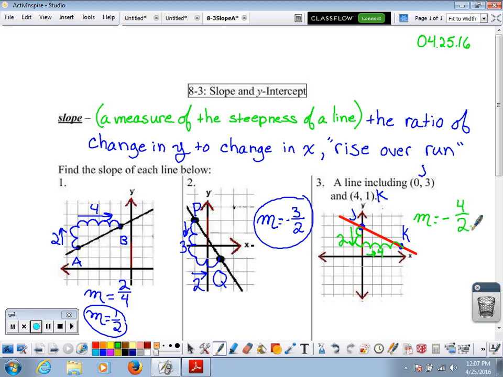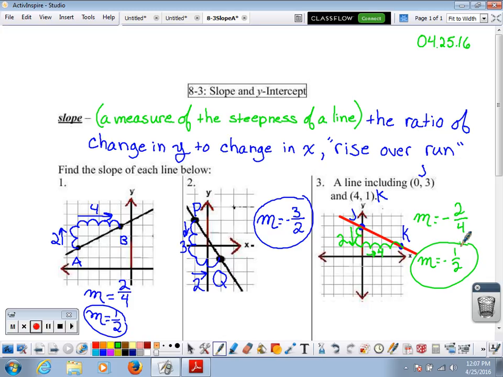Always y on top, just like when we were doing K. Y over x, same thing. We need to have the change in y, the rise, over run. So negative 2 over 4. Can you reduce that for me? Negative 1/2. M equals negative 1/2. So there's our slope.